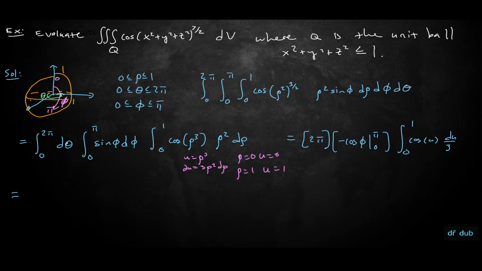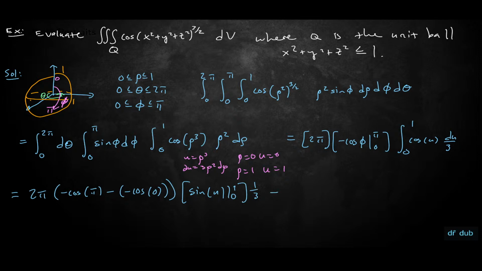And this is going to be 2 pi times negative cosine of pi minus negative cosine of 0, times sine of u from 0 to 1, times 1/3. And you'll see that cosine of pi we know is negative 1.